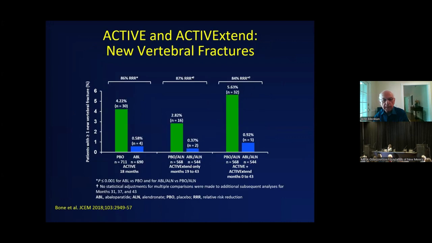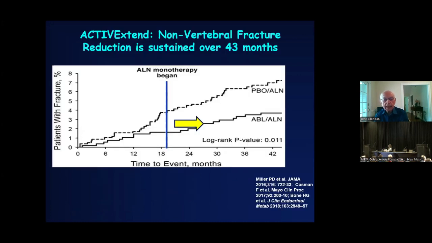ACTIVE and ACTIVExtend showed reductions in the first 18 months of new vertebral fractures. In that second period in the middle of this slide, also a significant reduction, and taken all together, over a 43-month period, there was a major reduction in new vertebral fractures in the group that initially got abaloparatide.